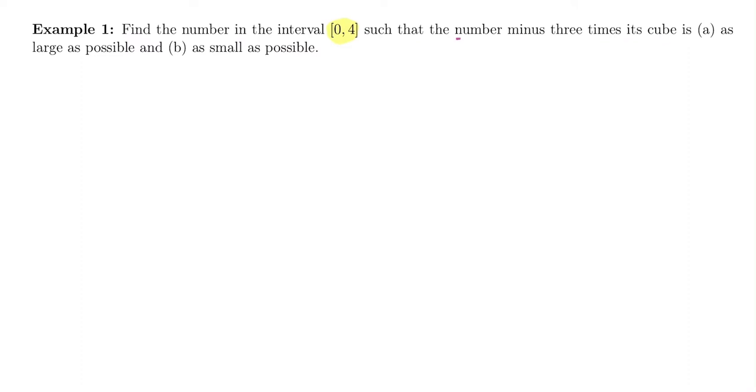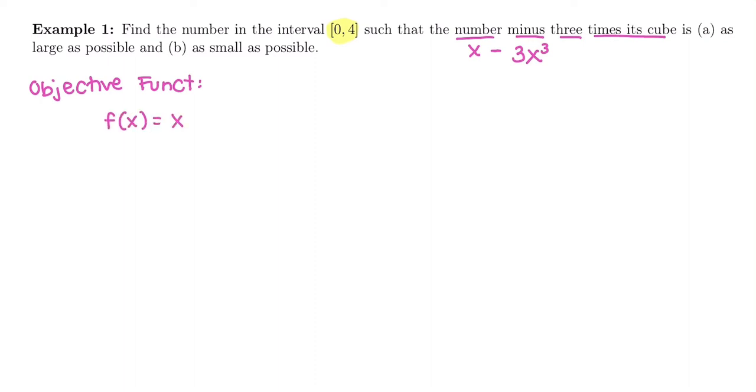So I'm just going to call it x, minus, so I'm going to do subtraction, 3 times that number cubed. So our objective function, what we're trying to absolutely maximize or minimize, I can just call it f of x, is x minus 3x cubed.